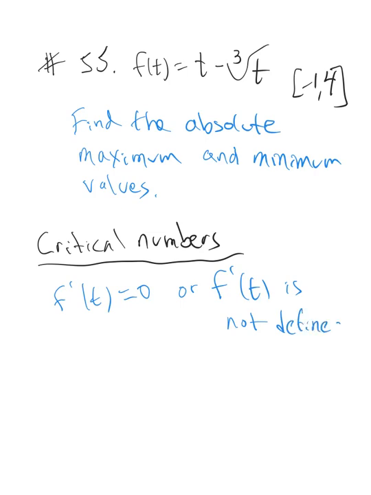So that's what we're looking for right now. So we'll first find the derivative using the power rule. So f prime of t equals 1 minus 1/3 t to the -2/3. So that's the derivative. But what we need to do is simplify. So we will simplify.